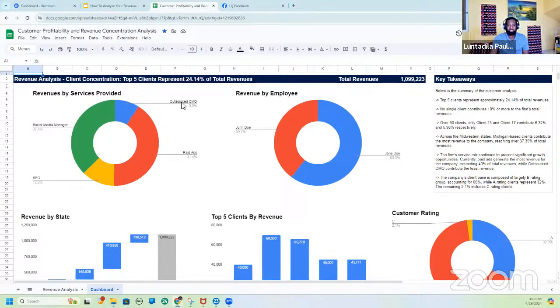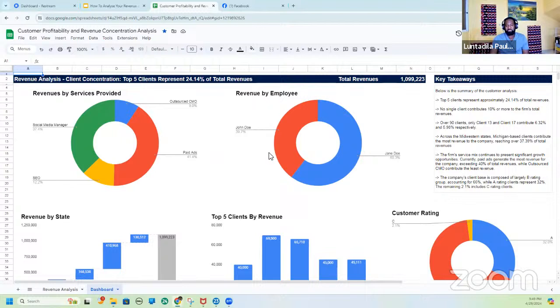We have outsourced CMO contributing 9% to our firm. We have paid ads 41%, which is the largest revenue generator. We have social media manager 37% and SEO 12%.